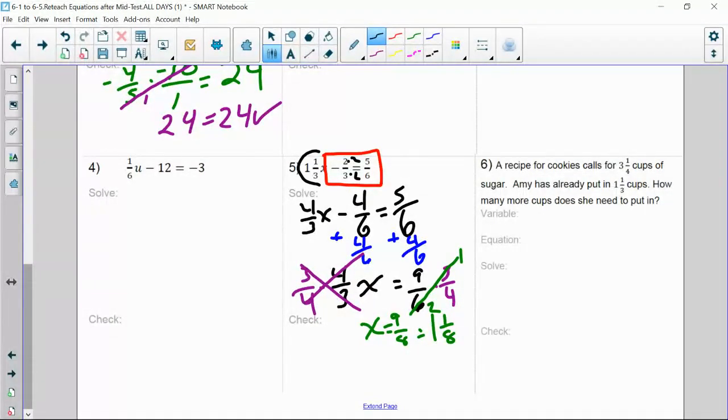Okay. I'm going to go ahead and leave everything improper for right now, just so that I can make sure that we have everything the way we need it. So 4/3 times 9/8 minus my 4/6, is that going to equal my 5/6?